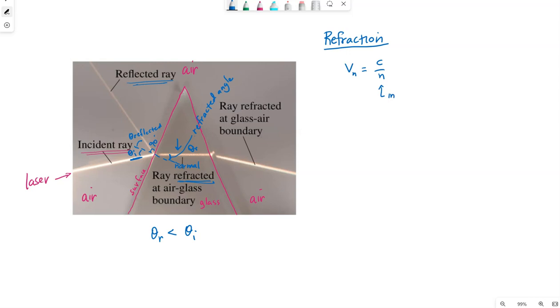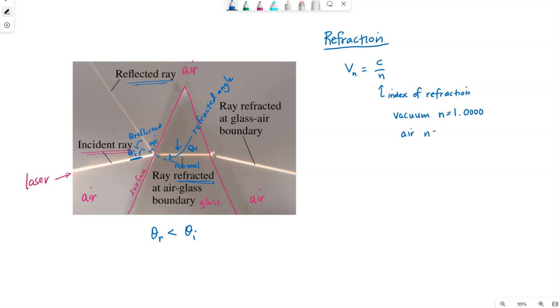N here is called the index of refraction of the material. So for vacuum, the absence of anything, N is exactly 1. We could write it as 1.0000.